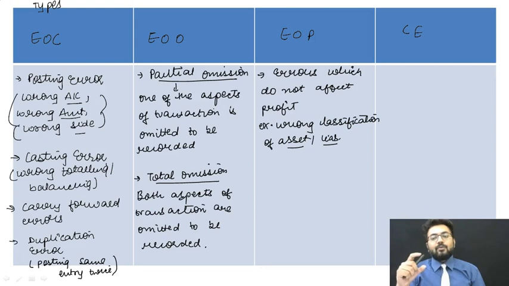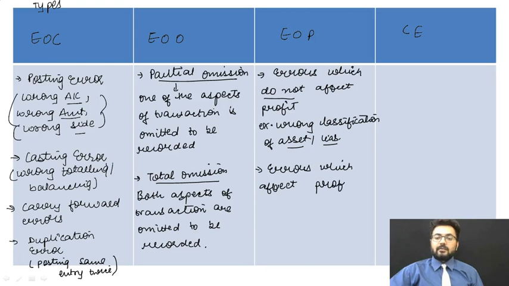The entries are over there. Just they have been posted under the wrong headings. As they have been posted, they are not going to affect the profit. The next is errors which affect profit. So there are a few errors which are going to affect the profit as well.